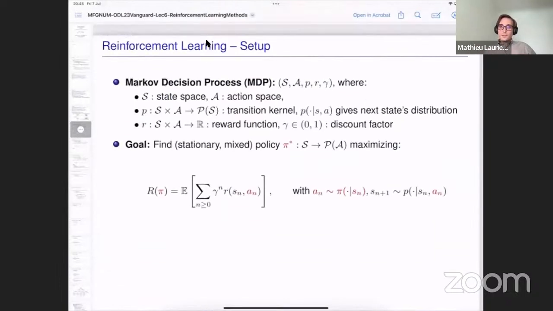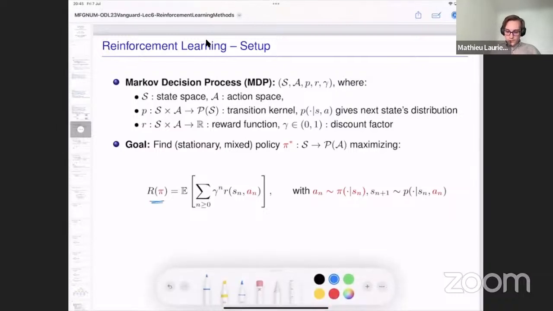So the reinforcement learning setup is typically described in this MDP formalism, Markov decision process. So you have a state space, an action space, a transition kernel, which can be given by a transition function plus some noise. I will often use this example, a reward function, and you care about the total reward associated to a policy.